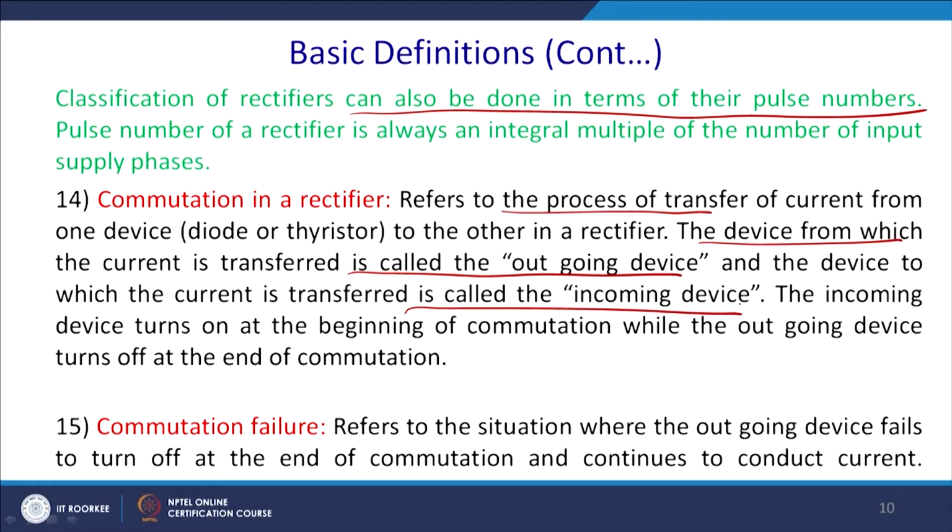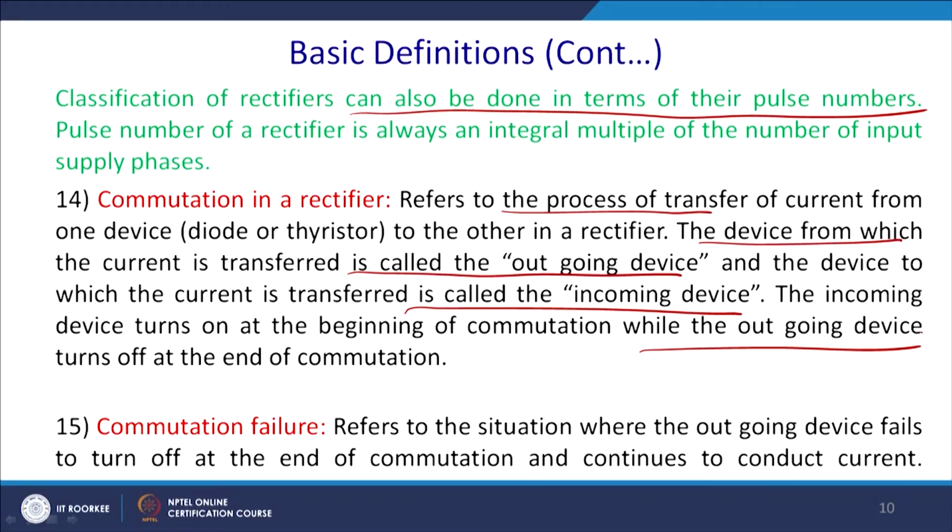The incoming device turns on at the beginning of the commutation, while the outgoing device turns off at the end of the commutation. Sometimes there is an overlap, we will come across it, and we will see what is the cause of the overlapping also.